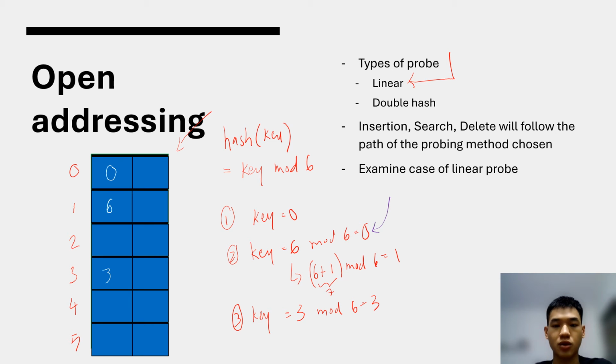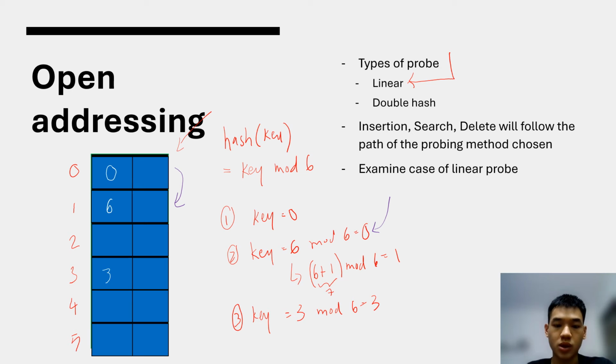The key in hash slot 0 is key 0, which is not the key that I'm looking for. So I will linearly probe, following the same path traveled as the insertion path, going to the next slot. When you linearly probe on search, you just add 1 to the key and apply the hash function. So you get hash slot 1, and 6 exists in hash slot 1. That will be your search being successful.